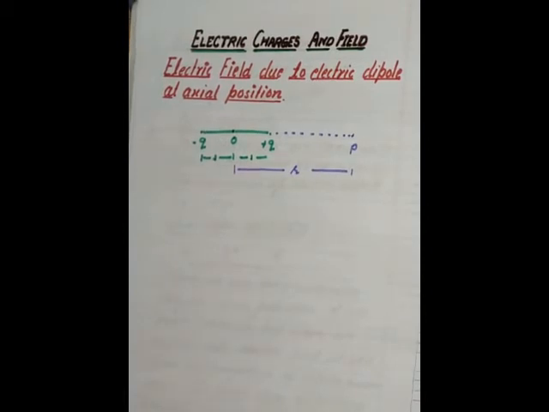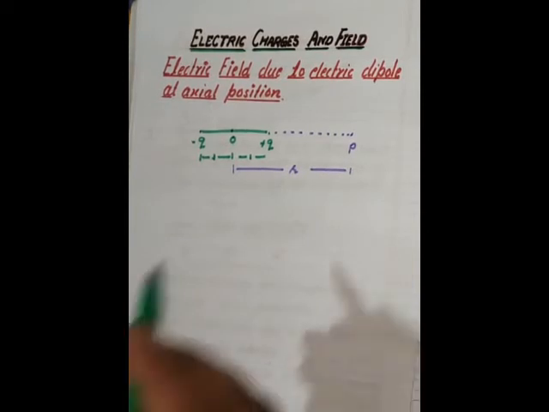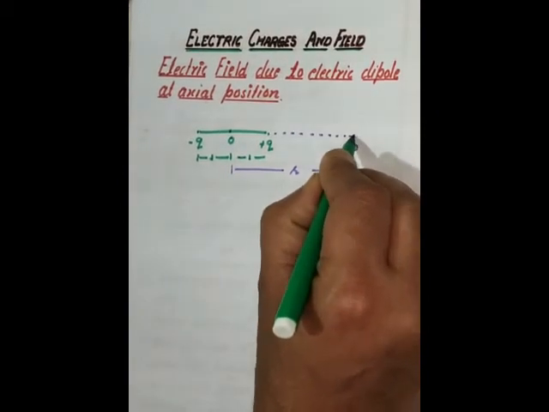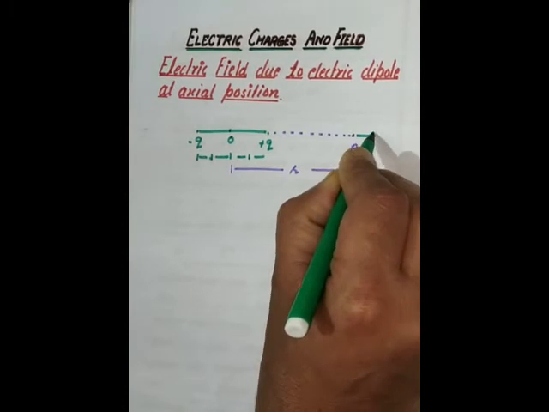The electric field made by the positive charge is in outward direction.